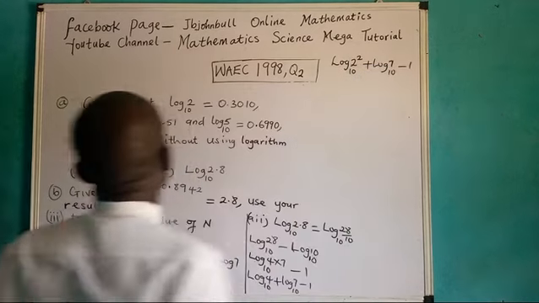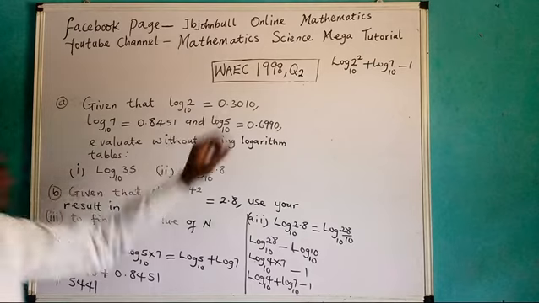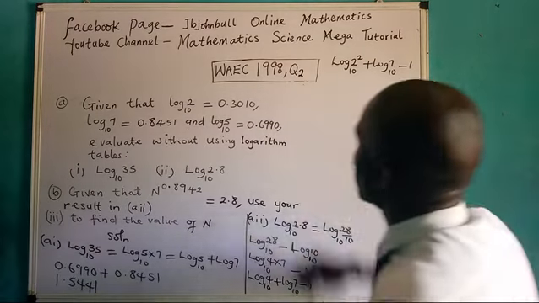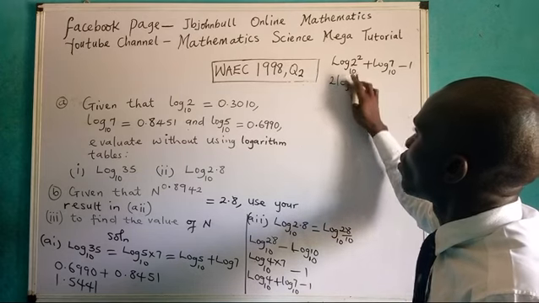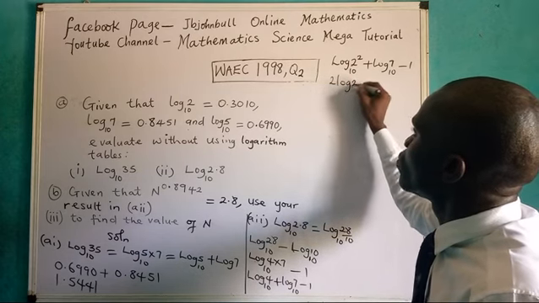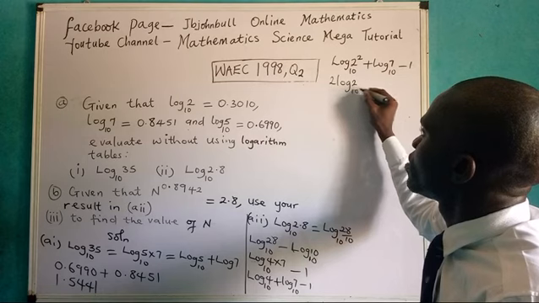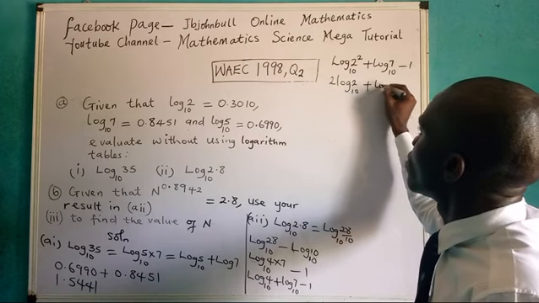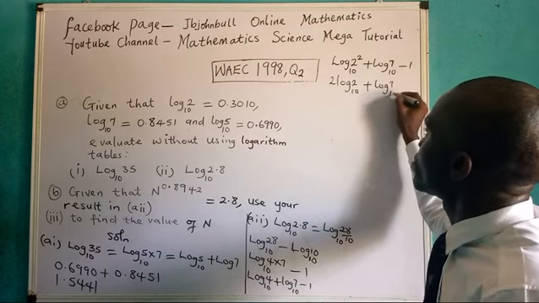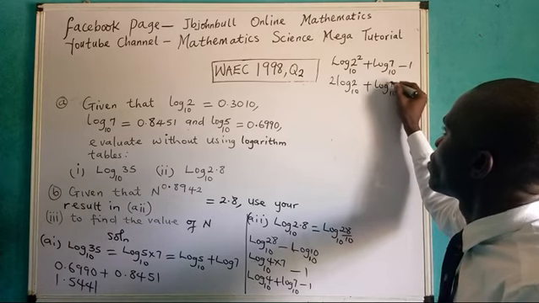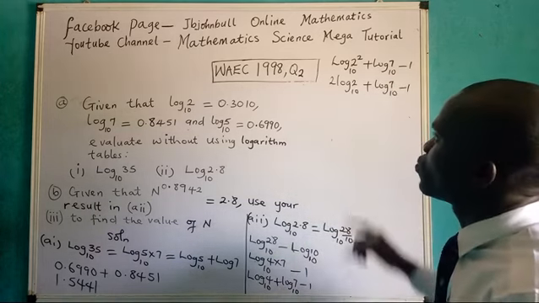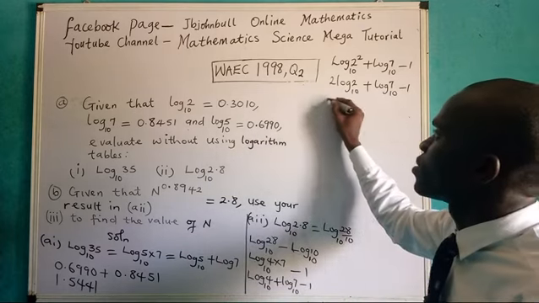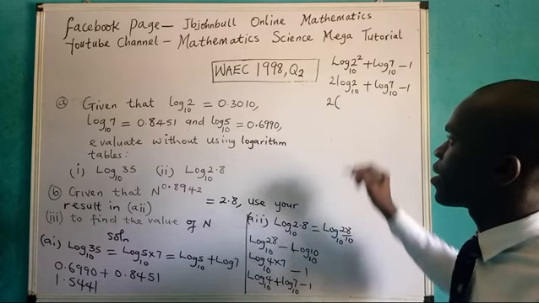And with the information, we can still solve this. Okay, we can apply the power law. I will change it to the front, becomes 2 log 2 to the base of 10 plus log 7 to the base of 10 minus 1. Okay, I can substitute now. With the log 2, I have to introduce a bracket.